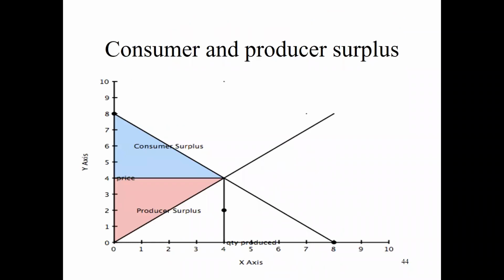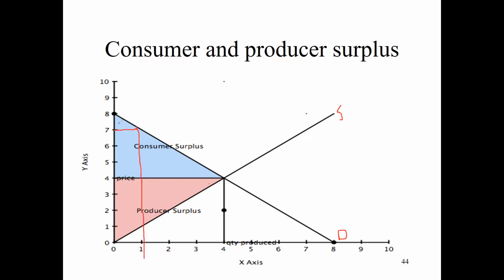Now, how do I graph? Notice I have my supply and my demand graph. Consumer surplus is everything above the price and below demand. Why? Because this consumer was willing to pay 8 and they paid 4. This consumer, it's out to the line and down like that.